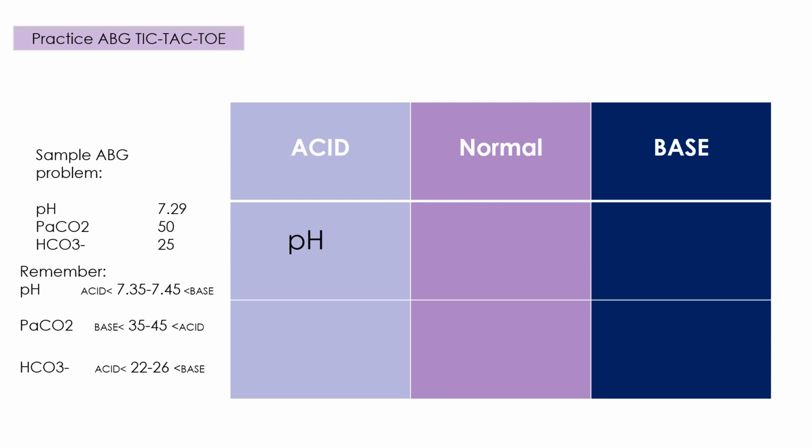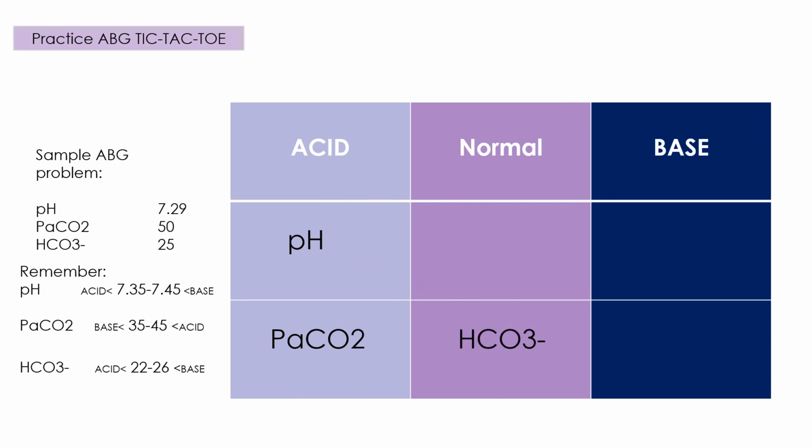PaCO2, remember, partial pressure of CO2, is 50. And if our normal is 35 to 45 and greater than 45 means acid, then that means I have an acid. And my bicarb is 25. Well, that's actually a normal bicarb level, so that's normal.